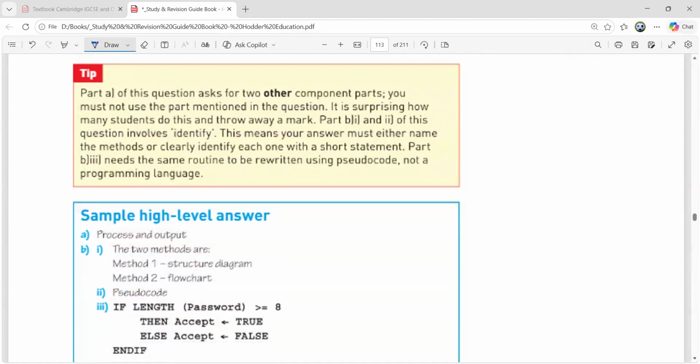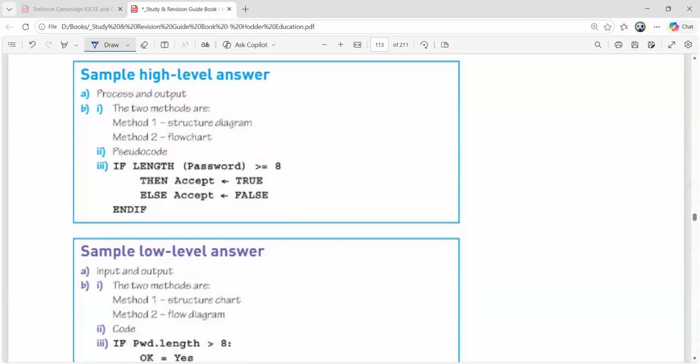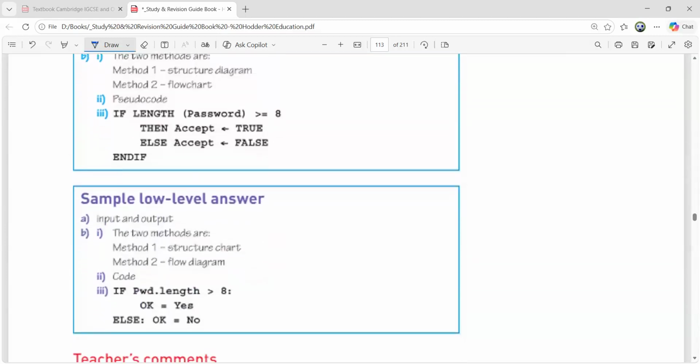You can write a simple pseudocode: if length of password is greater than or equal to 8, then accept equals true, else accept equals false, end if. So this is a simple question. A sample low-level answer you can see here is not at all acceptable because that is not the pseudocode, and they have asked you to write the pseudocode.